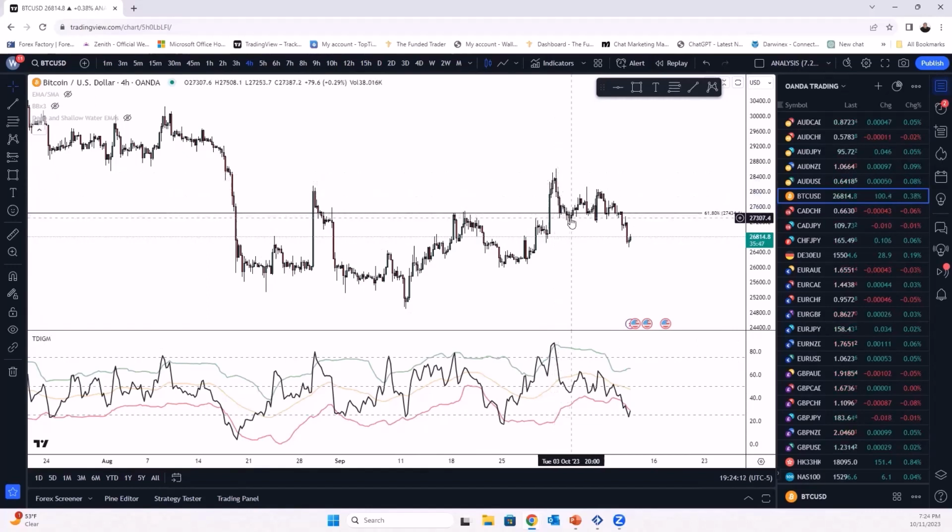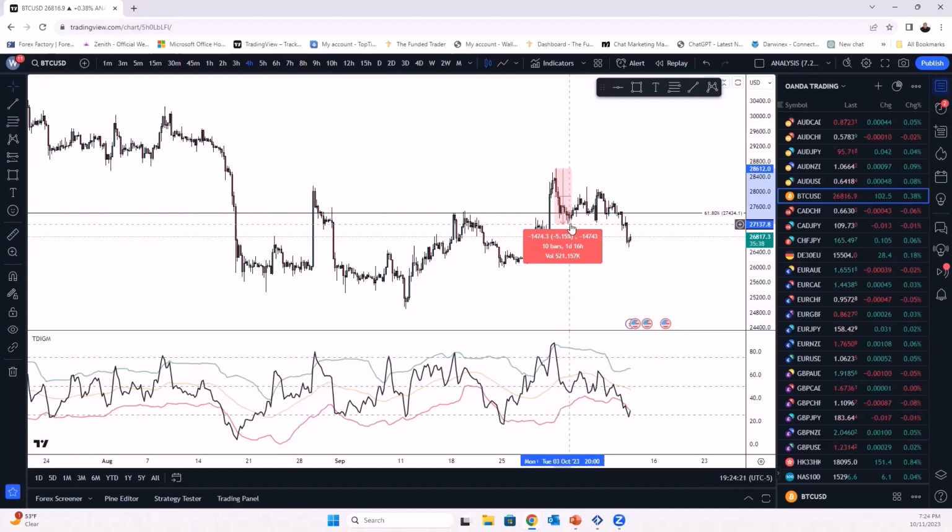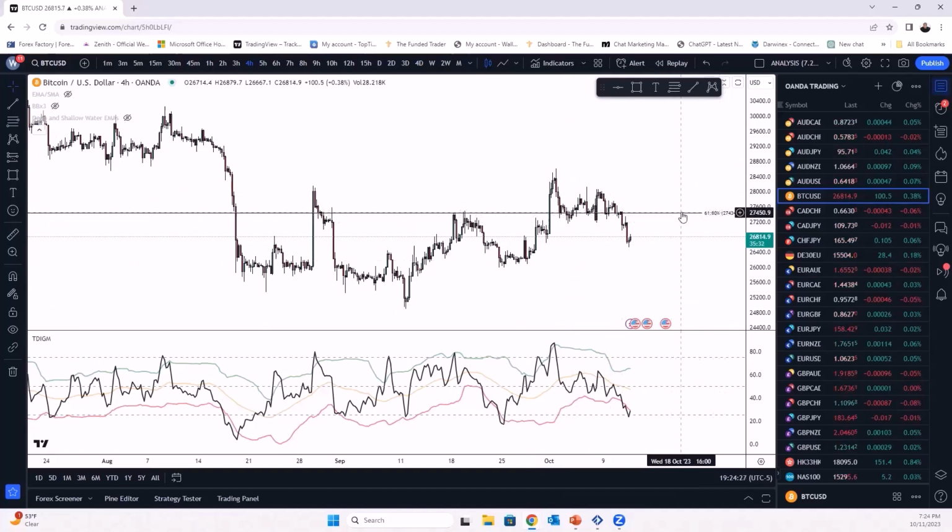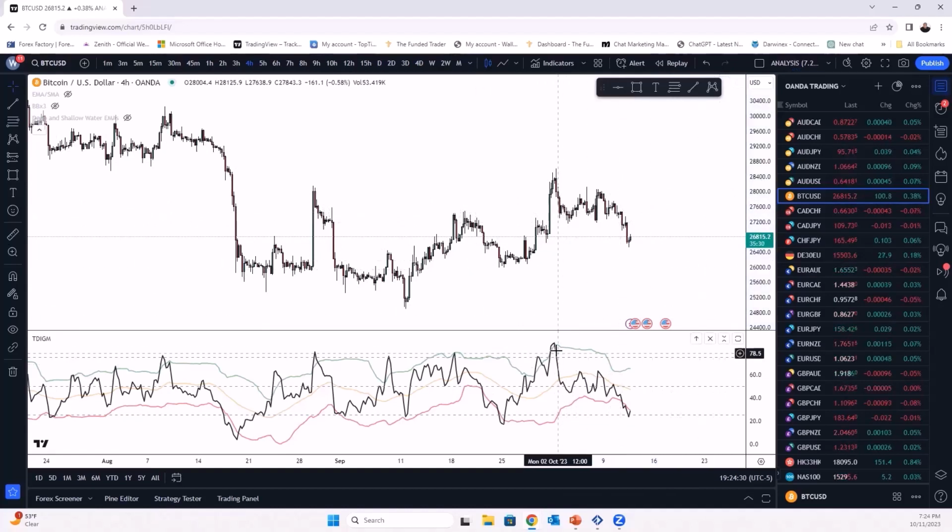If you look at that, this is what it did. It came down, which is that shark fin produced 1,400 pips of a fall. So that's a shark fin. And then let's look at this shark fin. The shark fin on the bottom was right here.